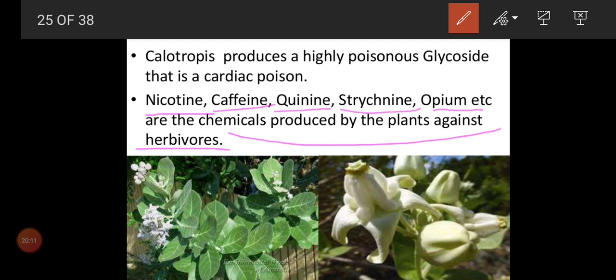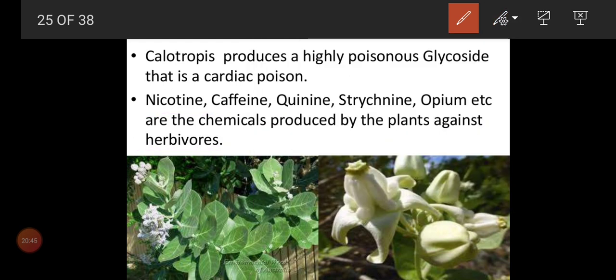So we know what predation is and its purpose, and also how some animals possess defense mechanisms to escape from predators, like camouflage, and the formation of thorns, spines, and chemicals. In the caterpillar stage of the monarch butterfly, in Calotropis, and in all other different plants, they possess different chemicals to escape from the predators.